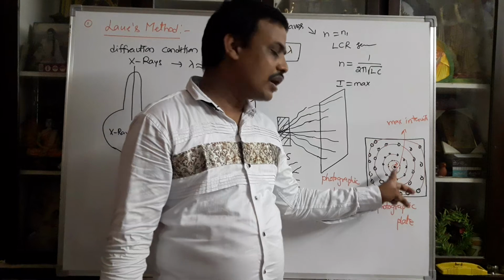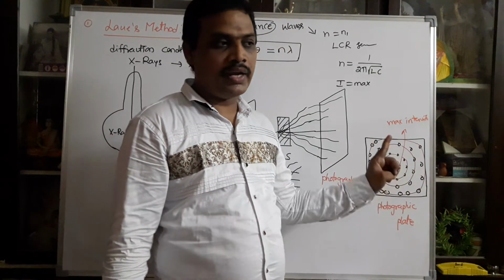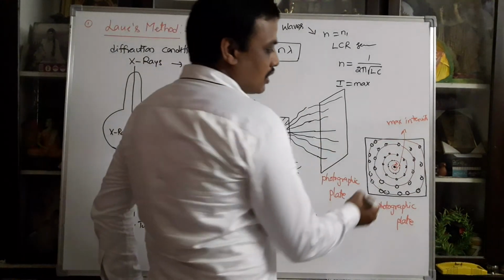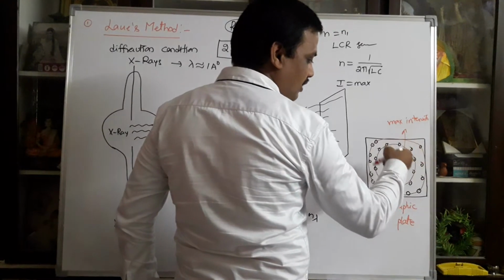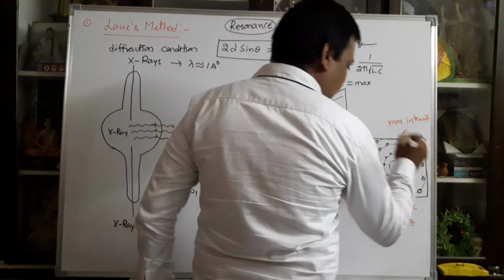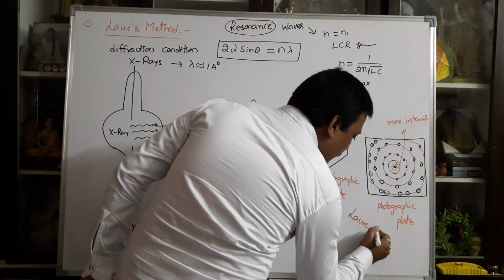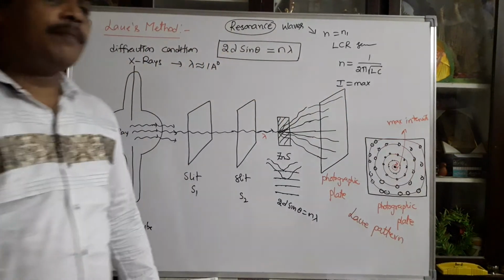The central spot is the undeviated X-ray having more intensity. The remaining fringes are formed around the central spot. This pattern is called the Laue pattern.